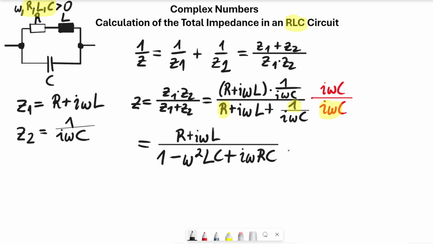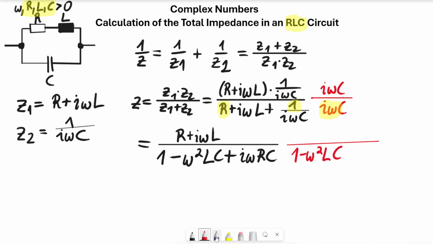Great. This is not what people are satisfied with in engineering. So you want real part plus I imaginary part. So you have actually to make the denominator free of the imaginary number I. Hence, we use the method of conjugate complex expansion. So what we're going to do here is we expand this with the complex conjugate of the denominator, which is 1 minus omega squared LC.